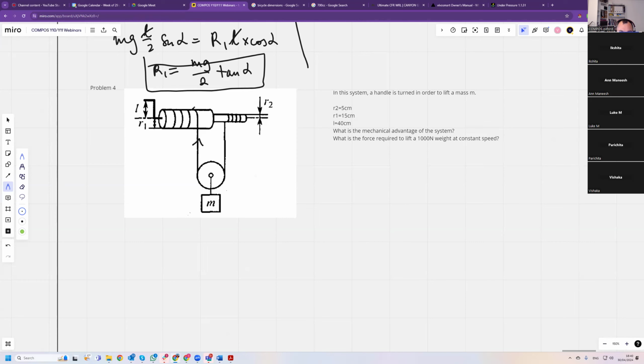So the rope ties around this large cylinder. At the same time, it unties from the small cylinder, so it goes down. But because the big cylinder is greater than the smaller cylinder, that means that the mass moves up. So if we rotate this anti-clockwise, right? Does everyone understand the setup?